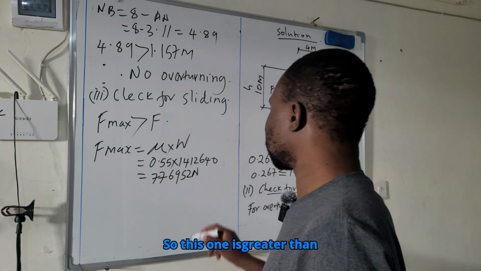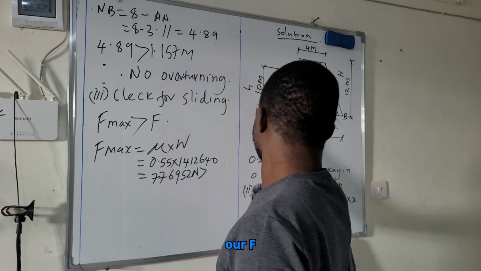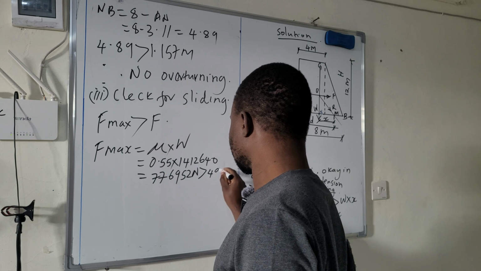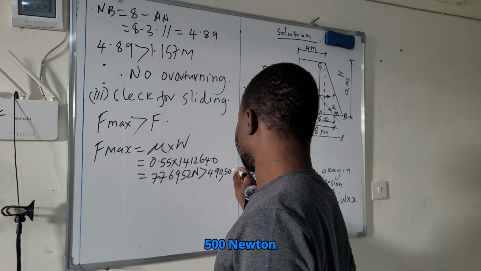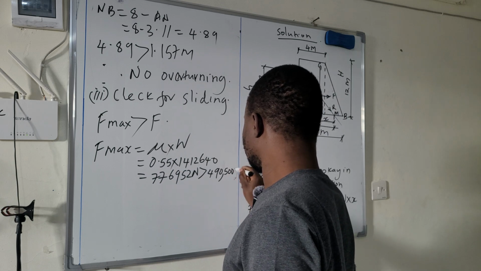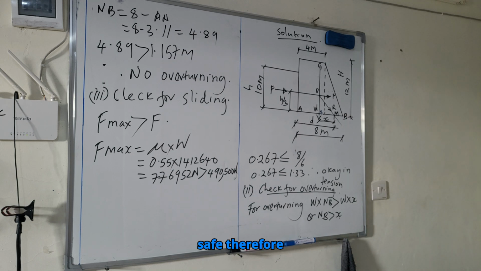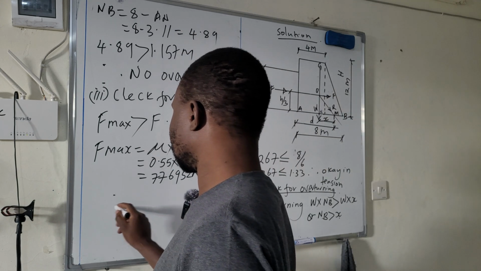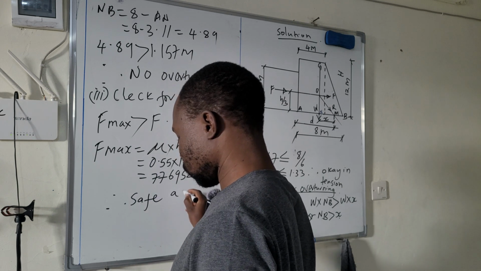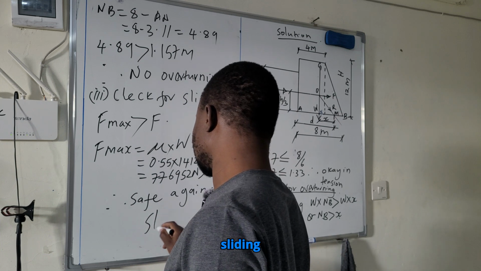This one is greater than our F, which was 490,500 Newton. Therefore, safe against sliding.